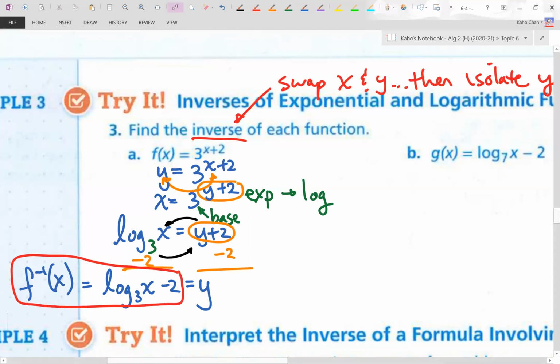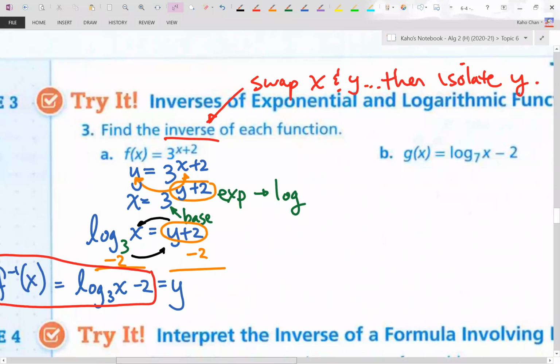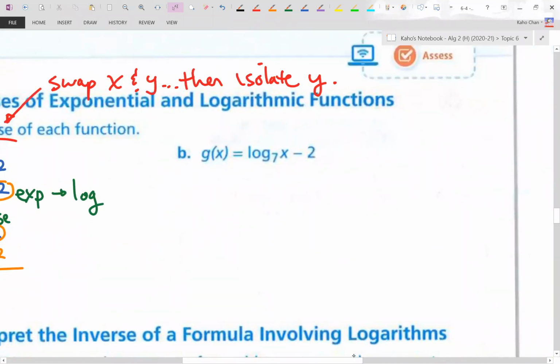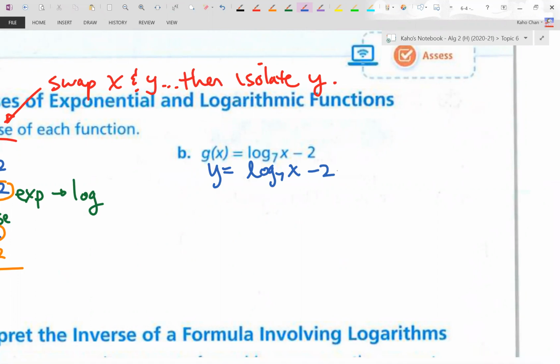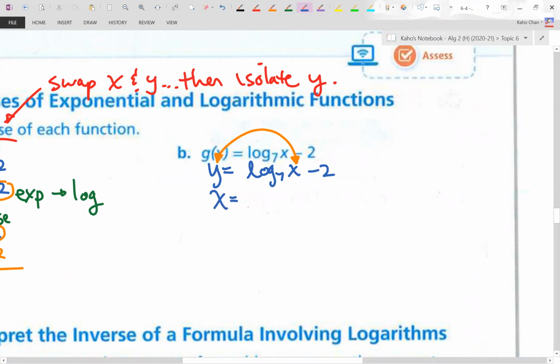Not too bad. All right, let's try letter b. Again, this is just all algebra. y equals log base 7 of x, minus 2. That minus 2 is not part of the log function. Swap x and y right now. We'll get x equals log base 7 of y, minus 2.